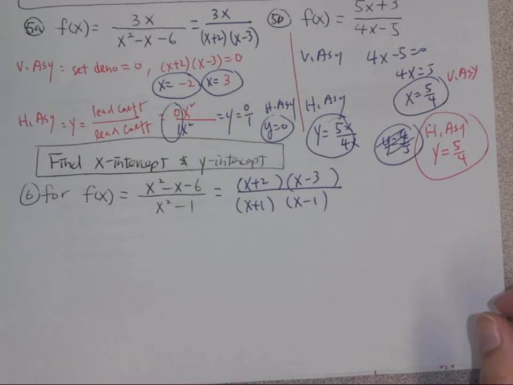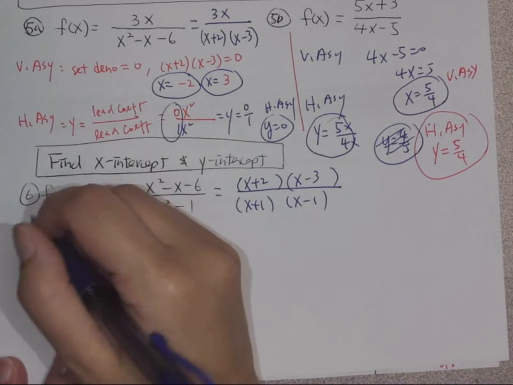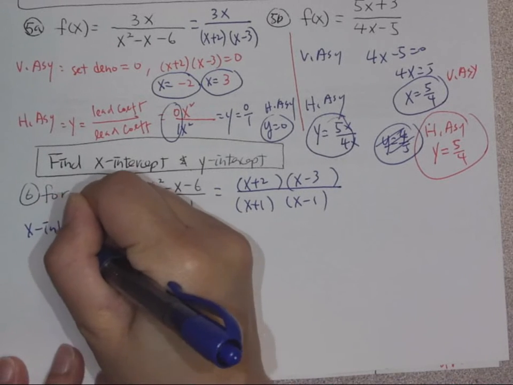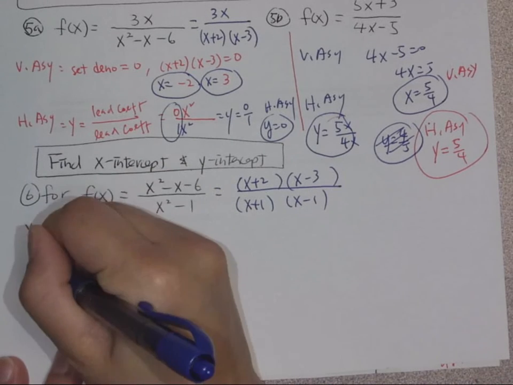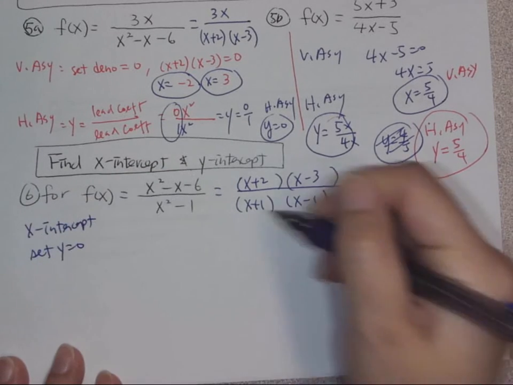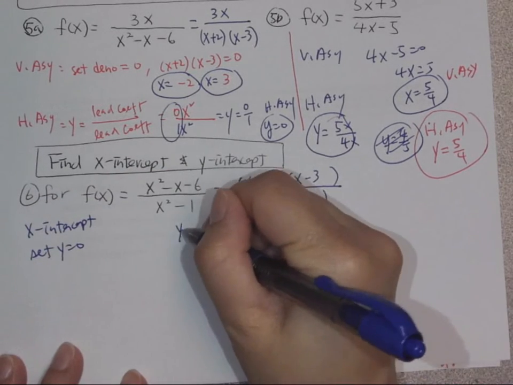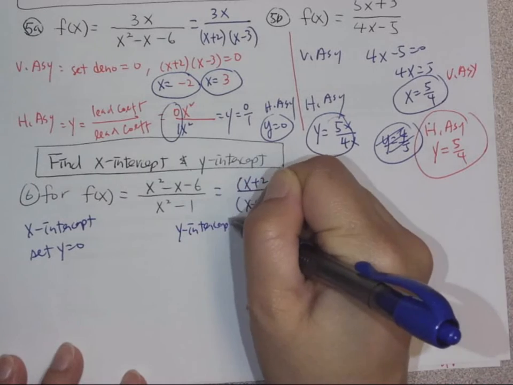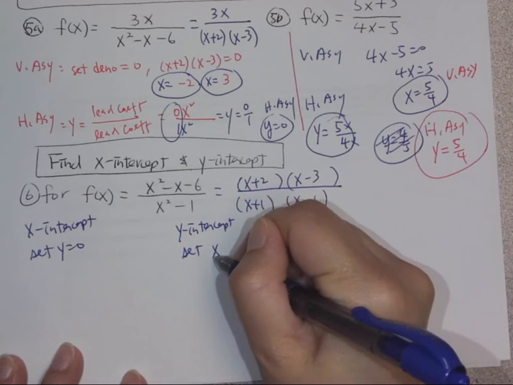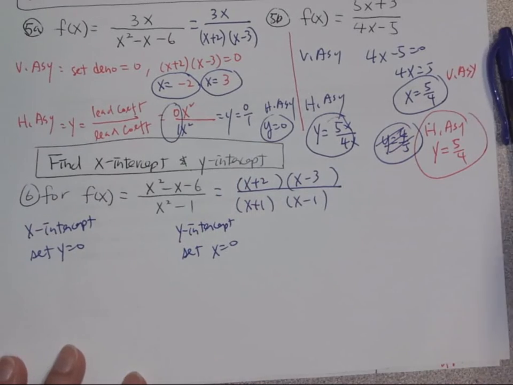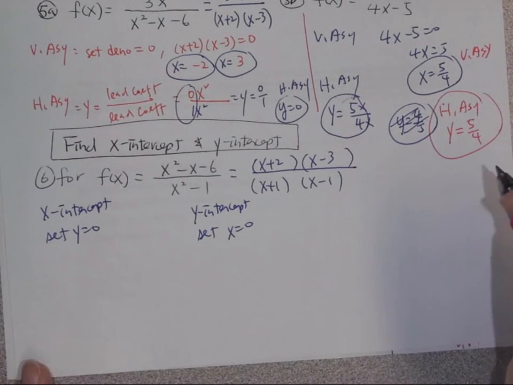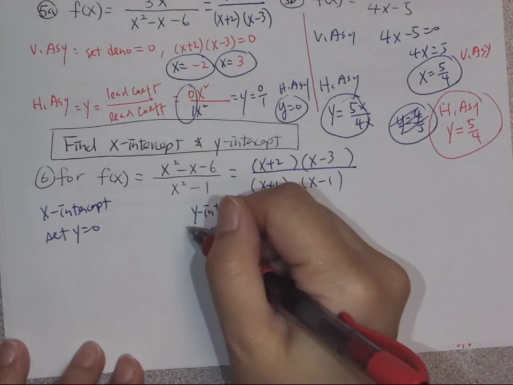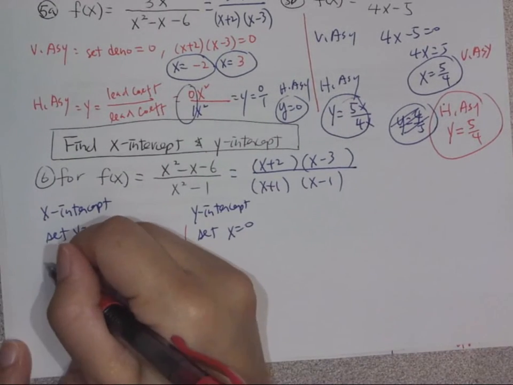All right, now let's see. Whenever we want to find the x-intercept, we do what? We set y equal to 0. And when we want to find the y-intercept, we set x equal to 0. So set y equal to 0 for the x-intercept.